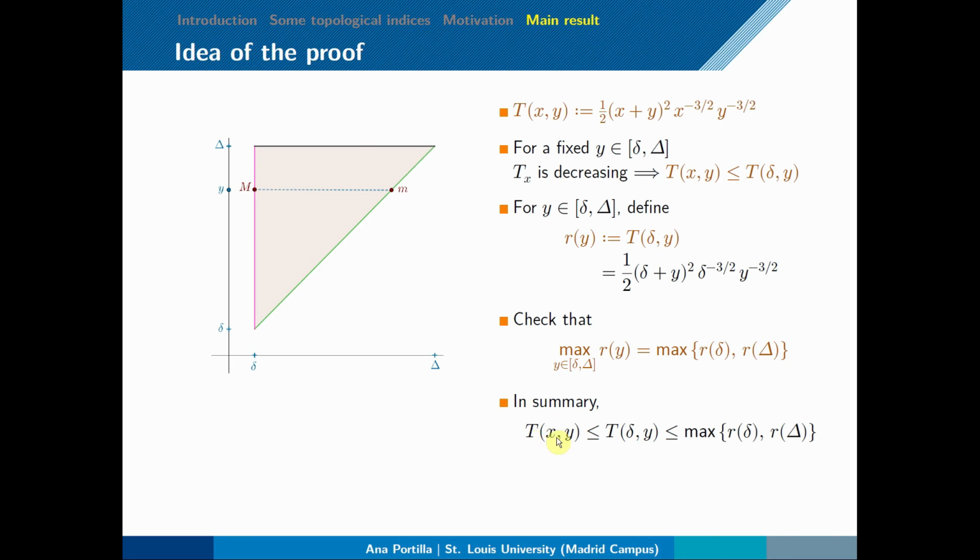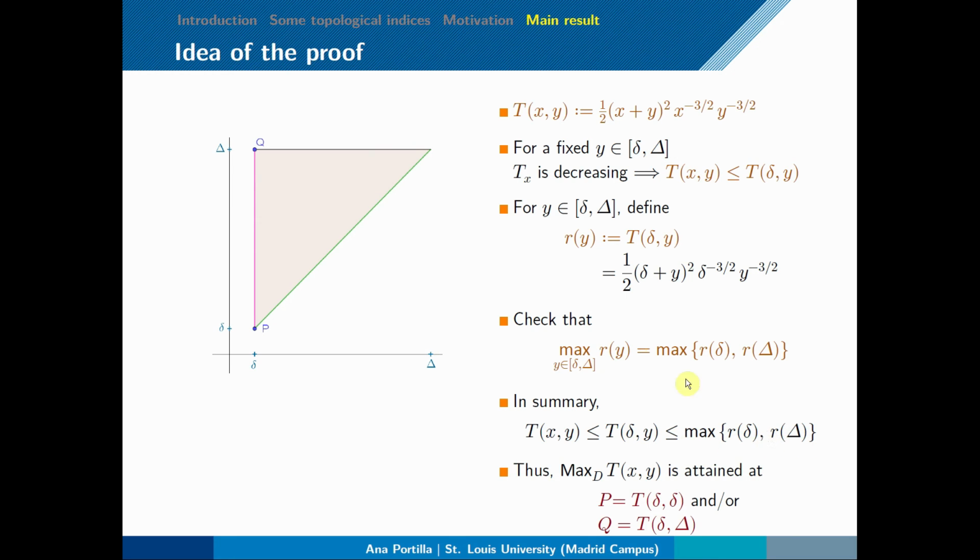So in summary, the two-variable function T is always upper bounded by the function T when x takes the value little delta, and this function is in turn upper bounded by the maximum between these two quantities, which means that if we consider the function T over this domain, the largest value, the maximum, is attained either at the point p, which corresponds to the function T evaluated at little delta, little delta, or the point q, which is obtained when the function T is evaluated at little delta, capital delta.